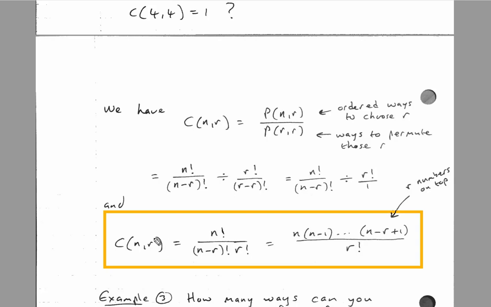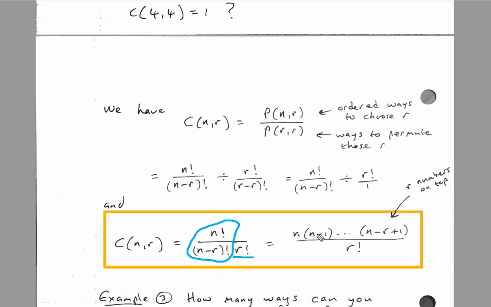Okay, so the formula for C(n, r) is the same as the formula for P(n, r), except an extra r factorial on the bottom. And this piece is the same as the permutation, so we can write it as just n times (n minus 1) all the way down to this number.